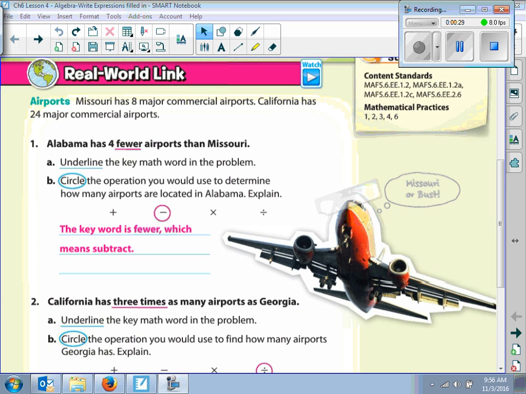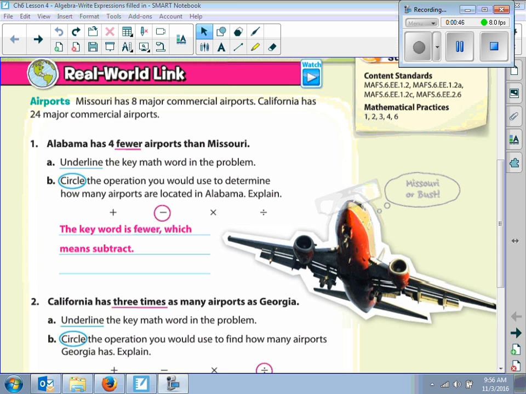All right, so for the real-world link, it says here, Missouri has 8 major commercial airports. California has 24 commercial airports. Okay? Now, problem one says Alabama has 4 fewer airports than Missouri.